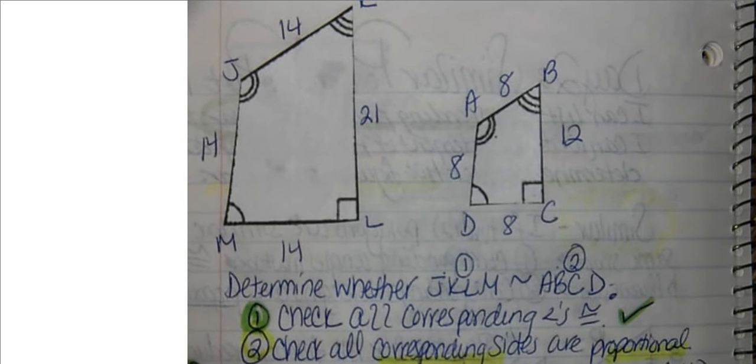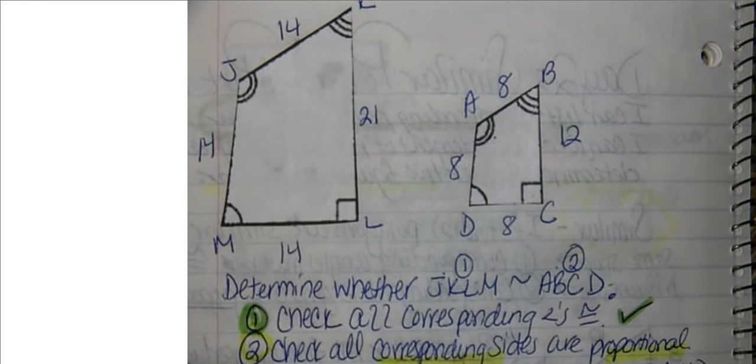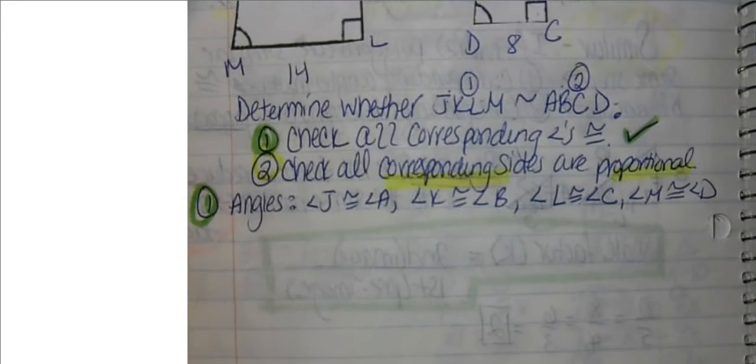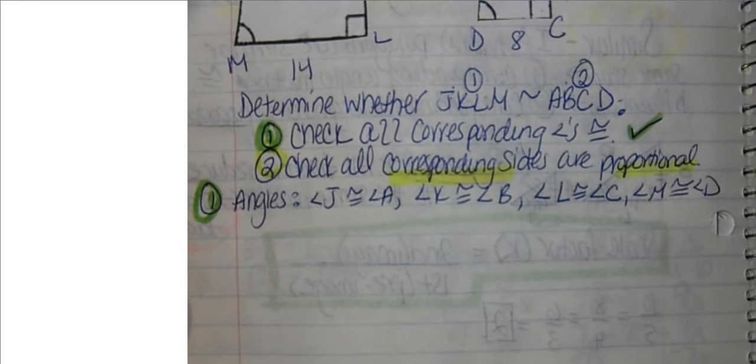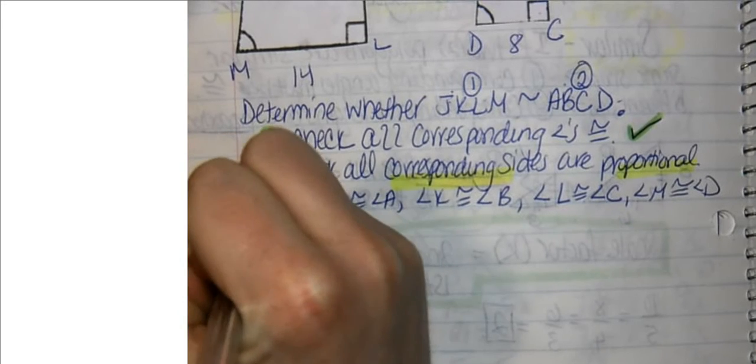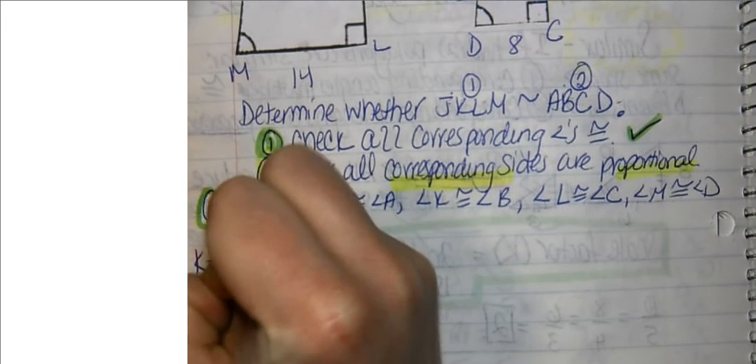I'll always let you know what your order is whenever we are working with problems. So in this problem, I'm going to put a number 1 on JKLM and a number 2 on ABCD. And remember that whenever you're checking scale factor and proportionality, it's all about what came second divided by what came first.